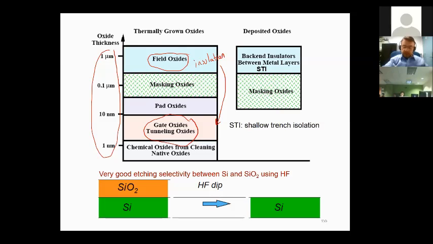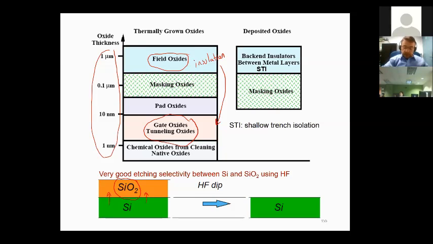The good thing about silicon dioxide is that, as a native oxide, it already forms on top without putting a lot of tension on the underlying layer. It just gradually grows by itself. Even in a normal room temperature environment, it does grow.